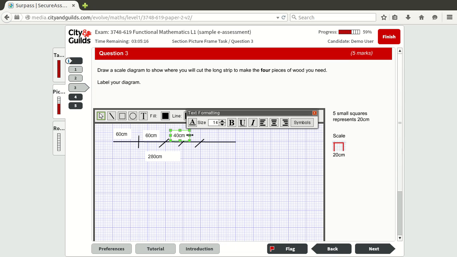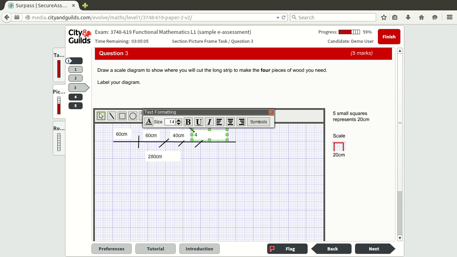All I'm doing here, I'm clicking and then I'm dragging like that. And one more, right there. 40 centimeters. So this is my labeled diagram.